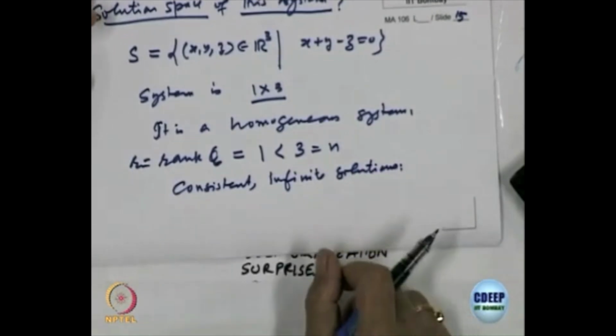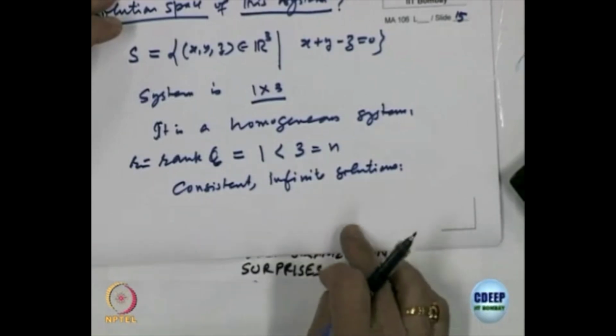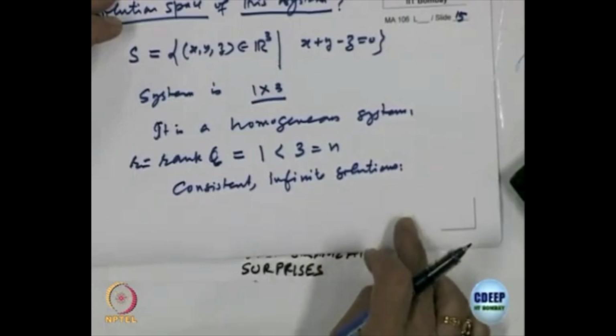And we gave a method of saying how you find the infinite solutions. Where is the pivotal column? The pivotal variable is x, right? The pivot comes in the very first stage, x. So the value of x should be found in terms of y and z.